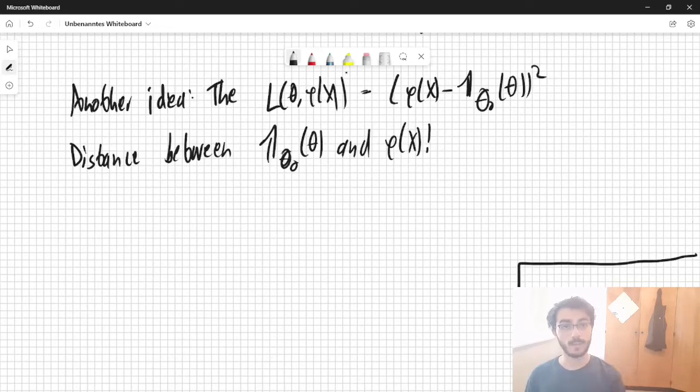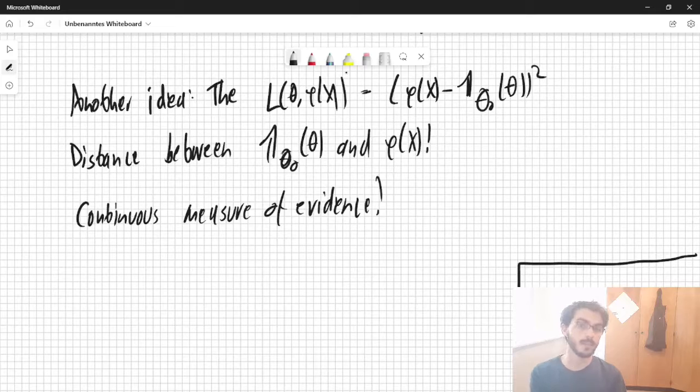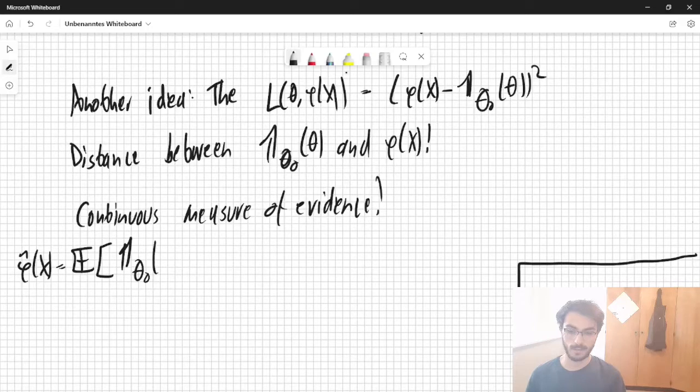Now we have a continuous measure of evidence. This is very similar to the p-value, if you know what a p-value is in classical statistics. We just want some number as close to our estimator as possible. This is the squared loss, so we actually know how to calculate this. This is just the expectation of this indicator function given x.